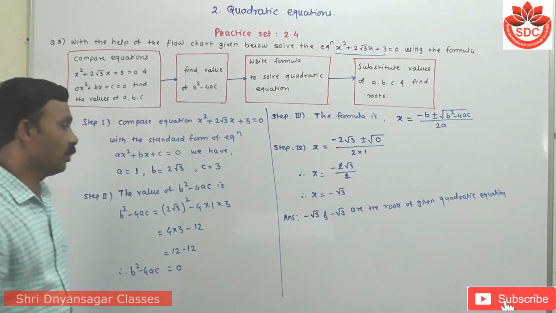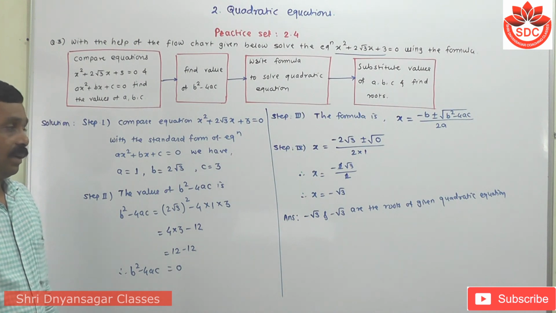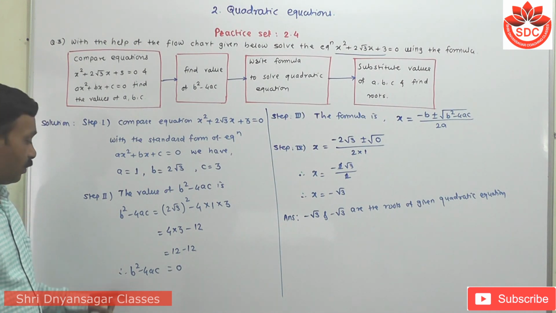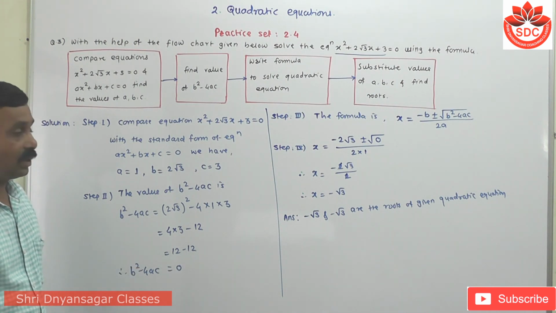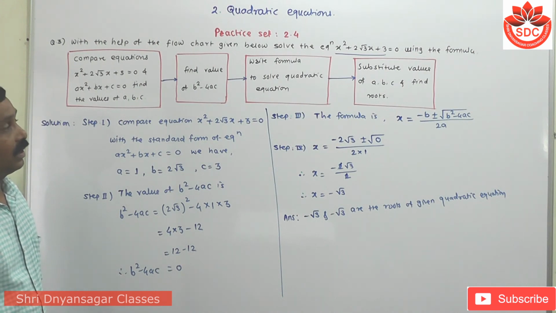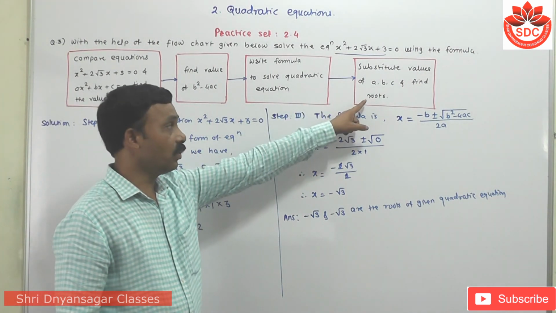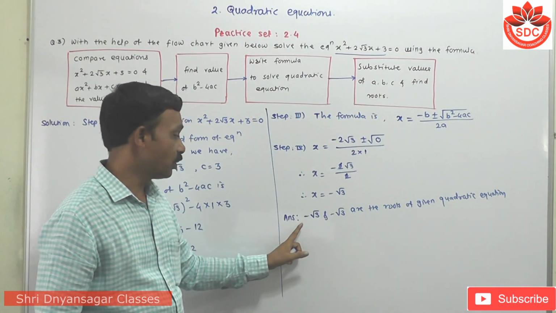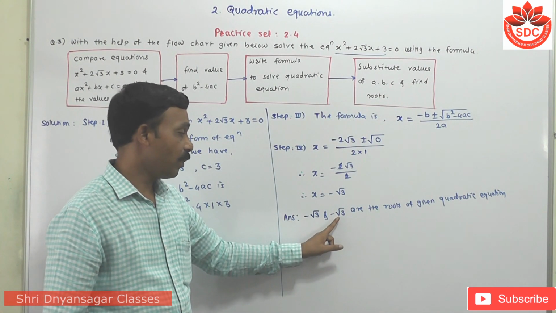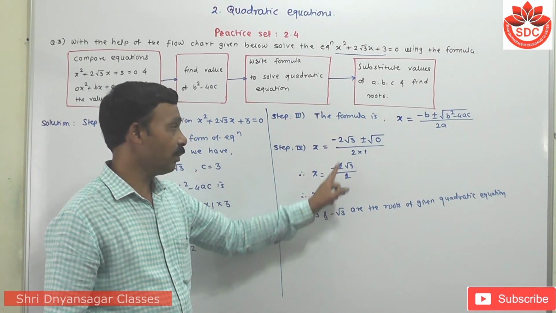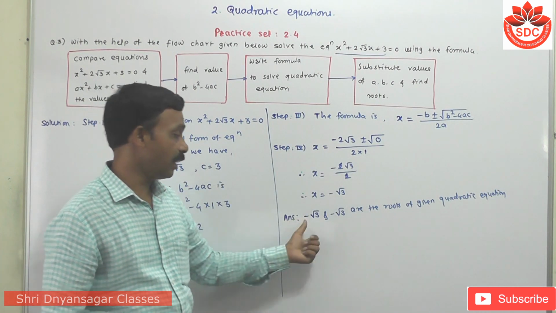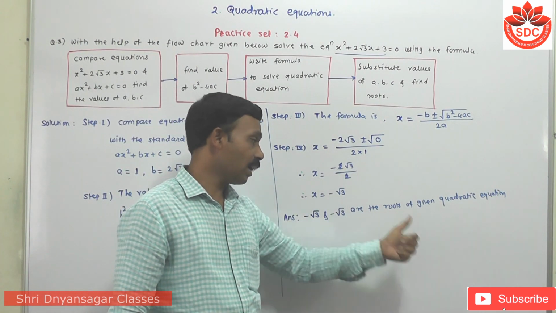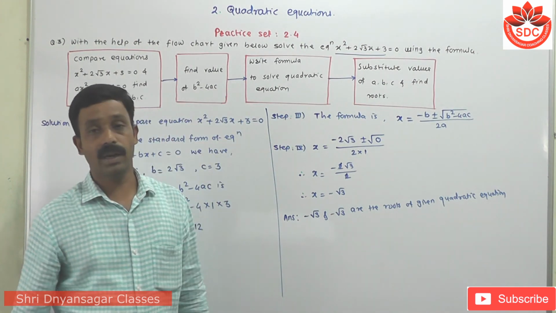Also the roots are real and equal, because b square minus 4ac is equal to 0. But here the question is to find the roots, not the nature of the roots. So I have to write the roots. Roots are minus root 3 and minus root 3. We take two times here because there is a plus and minus sign. Minus root 3 and minus root 3 are the roots of the given quadratic equation.